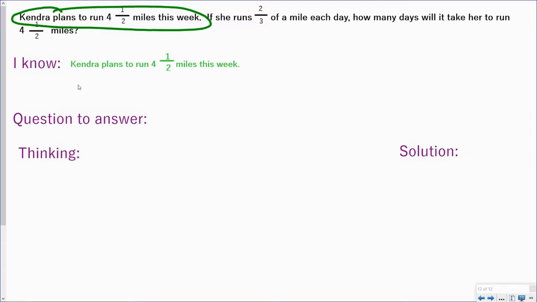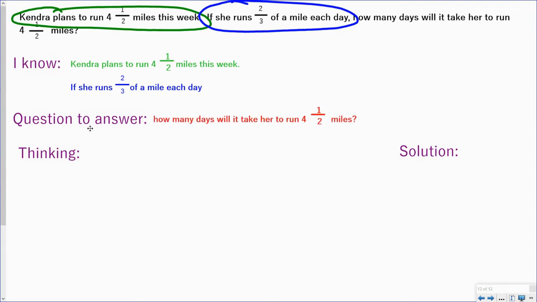What else do I know? I know that she plans on running 2/3 of a mile each day. And I get that from this part right here. And then again, my question is, how many days will it take her to run 4.5 miles? And I find that from right here.